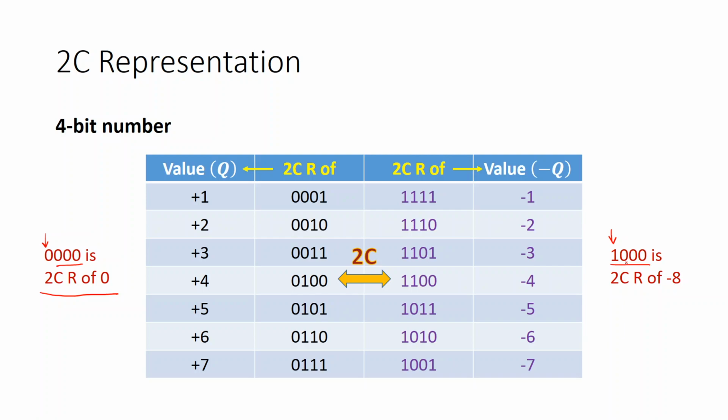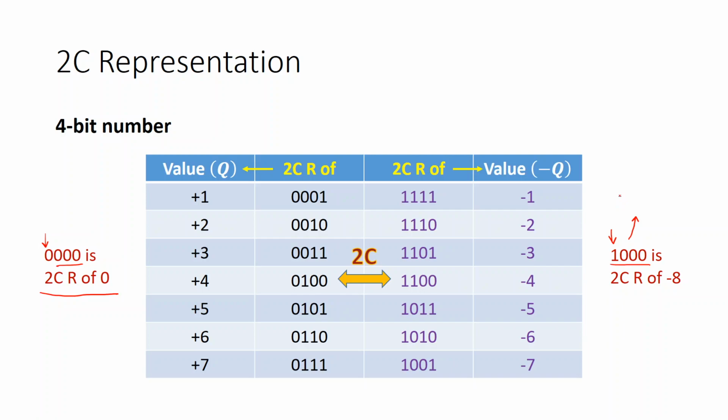Why am I saying that 1000 is -8? Because if you take the complement of this number, what are you supposed to get? You are supposed to get the positive quantity, right? So let us do the complement and see what happens.